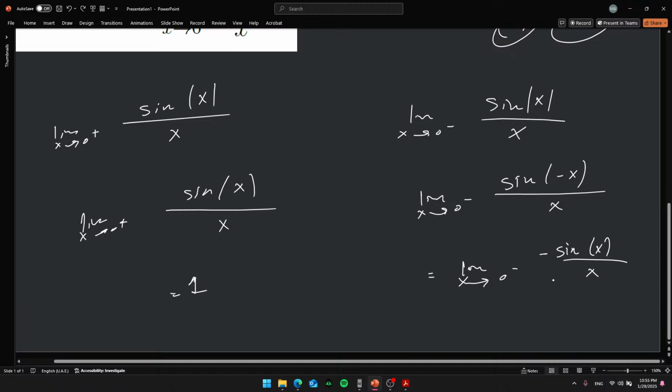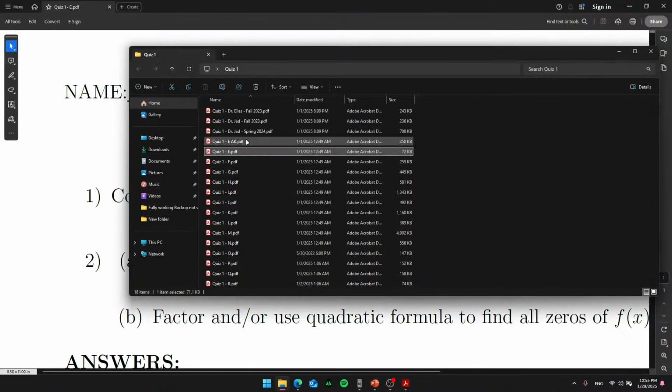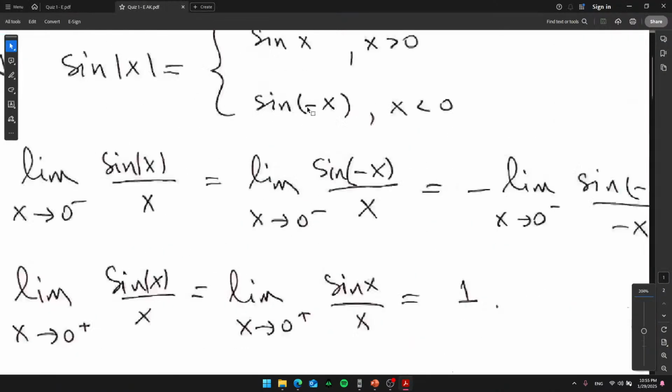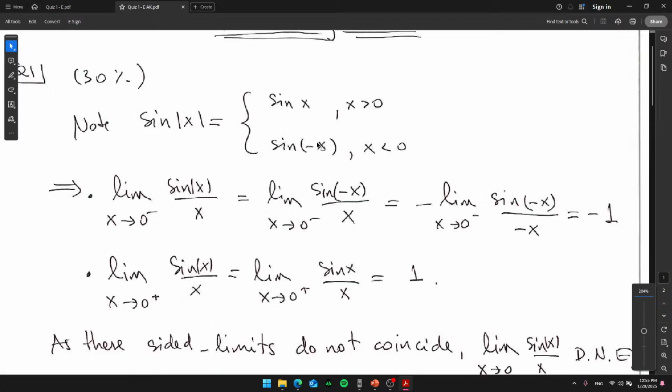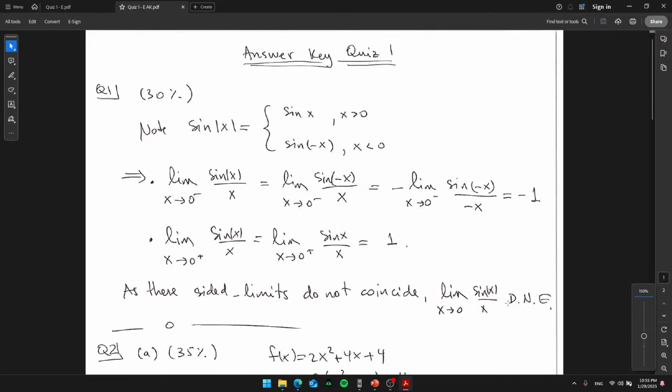Sine x over x is equal to 1, but we have a negative, so it's equal to negative 1. They don't equal each other, so the limit does not exist. As side limits do not equal, the limit doesn't exist.